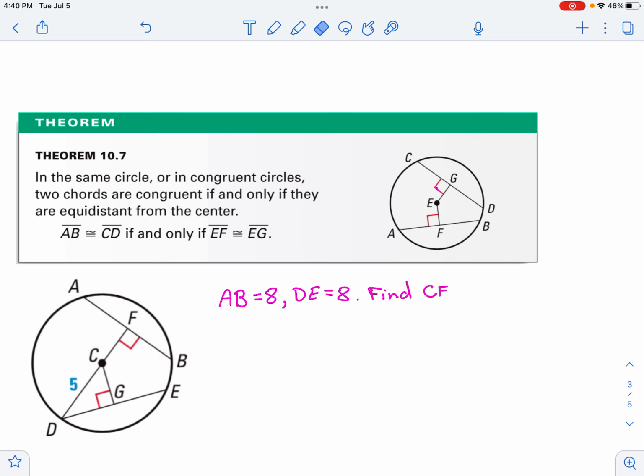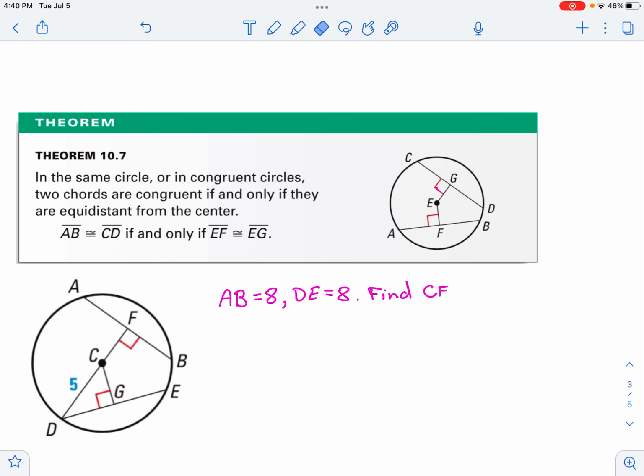So these are just some properties of circles and their chords that we're taking note of. In one circle or in congruent circles, two chords are congruent if and only if, remember it goes both ways, they are equidistant from the center.